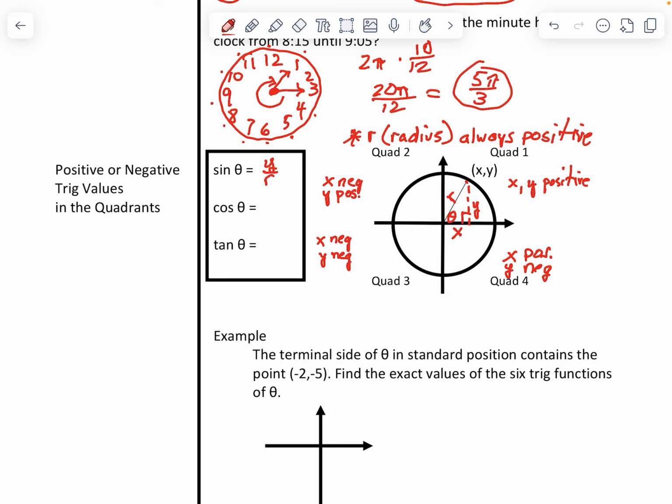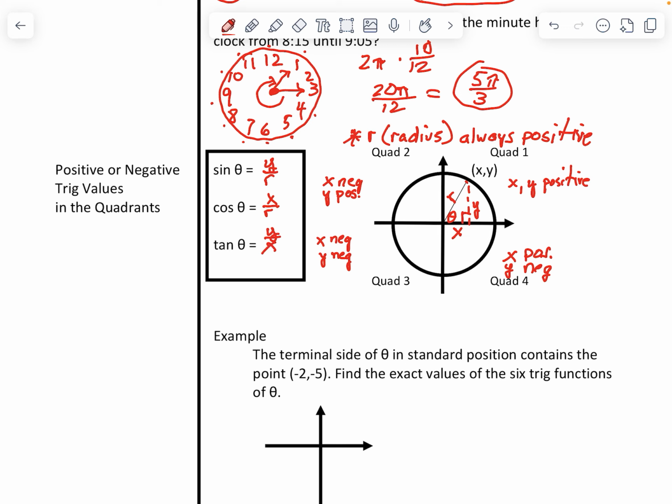So opposite over hypotenuse would be y over r. The cosine will be the adjacent, which is the x value, and it's going to be over the r, which is the radius, because that's the hypotenuse. And lastly, for theta, the tangent is the opposite, which is y, over the adjacent, which is x. So y over x for this.